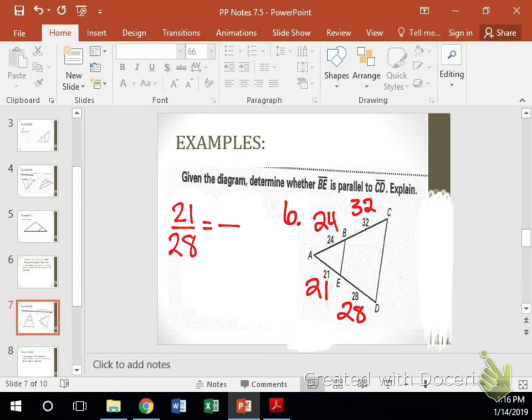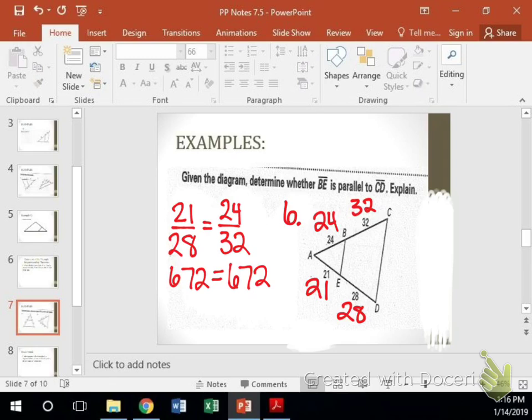Okay, and then my other ratio would be? Good, 24 over 32. When we cross multiply this time, what do we get if we take 28 times 24? 672.